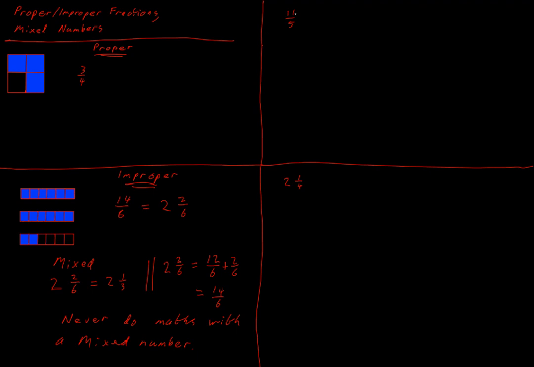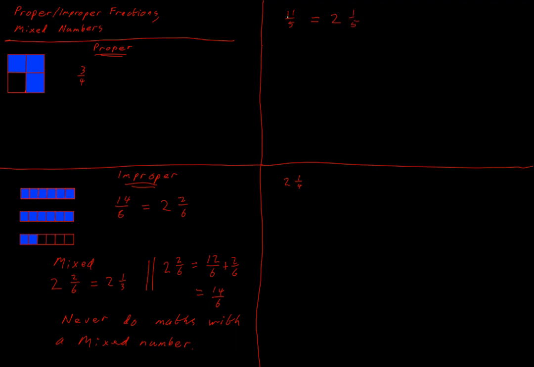So let's put this into practice again. I have 11/5 here, and I want to write that as a mixed number. So a mixed number is going to have how many whole units I have, and then what fraction is left over. Well, if I had 10/5, I'd have 2 whole units, and then left over I'd have 1/5.